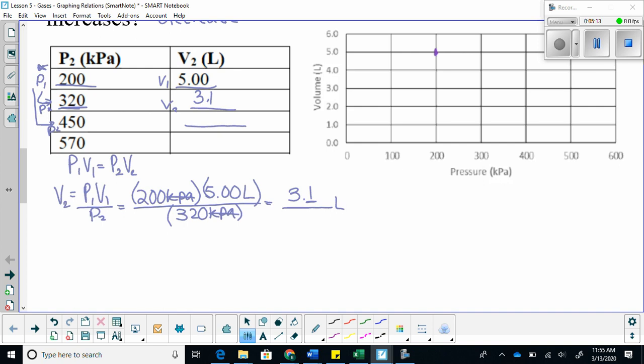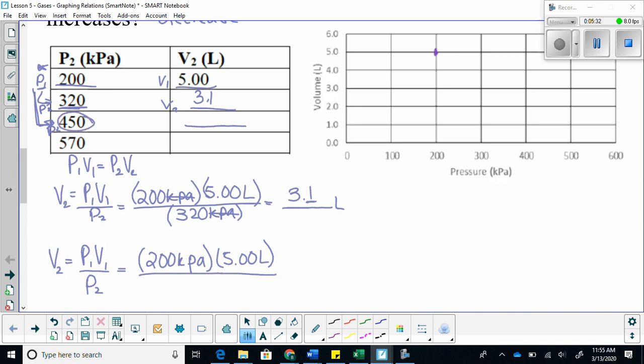Okay, now same thing. We are still going to consider this as our P1, but we are now going to change our P2. So the formula stays V2, P1, V1, P2, 200 kilopascals times 5 liters, divided by, now this will be our P2, 450 kPa. Okay, calculate that out.